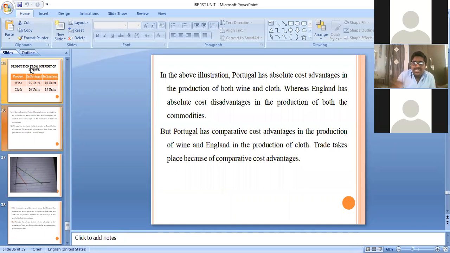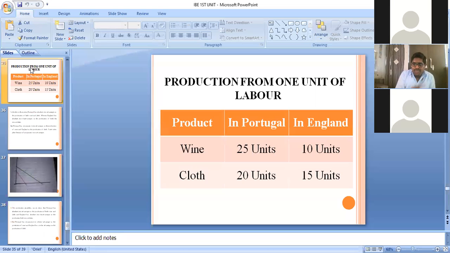But when we compare both commodities in both countries, Portugal has a comparative cost advantage in wine and England in the production of cloth. If this happens, comparative trade can take place. Portugal will have the advantage in the production of wine because one labor produces 25 units.